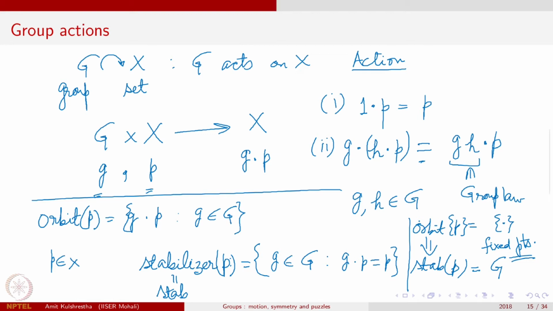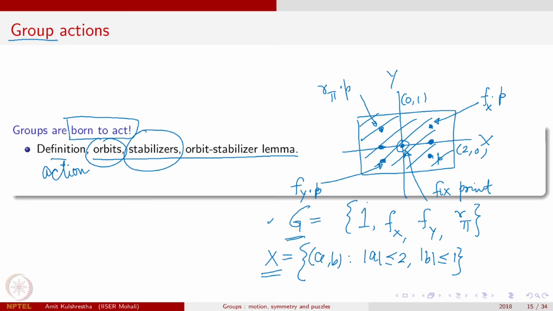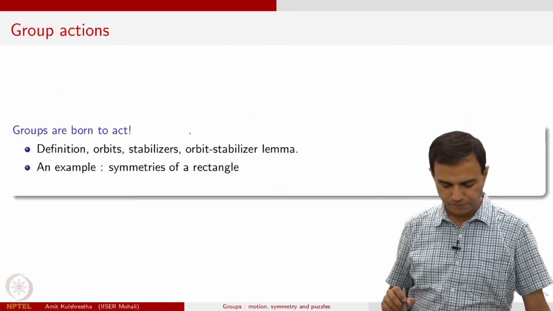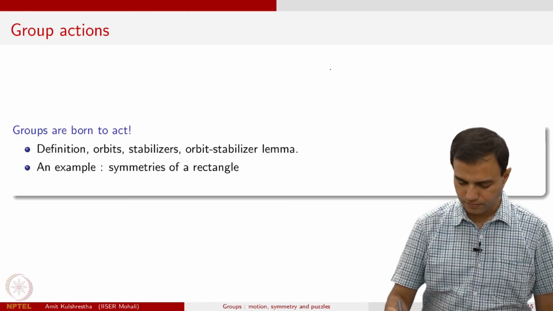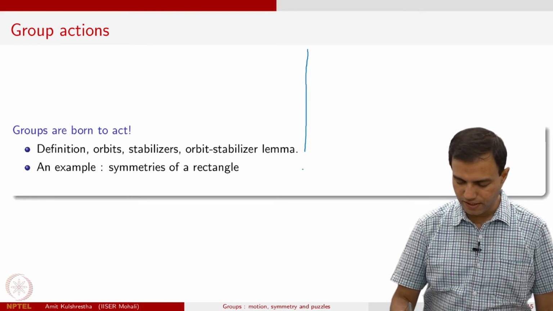Orbit and stabilizer. Orbit is bigger, stabilizer is smaller, orbit is smaller, stabilizer is bigger. So, what we have therefore is the orbit stabilizer lemma. It is true for finite groups. So, I will explain what it is.